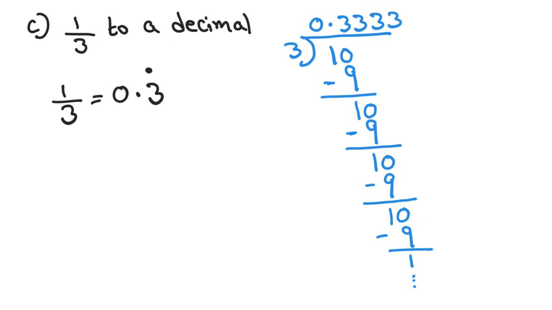Some textbooks show the same thing as 0.3 bar, which means that the digit 3 is recurring, repeating itself. So this is how you represent a decimal whose digit repeats itself, either by putting a dot or by putting a bar over that digit.